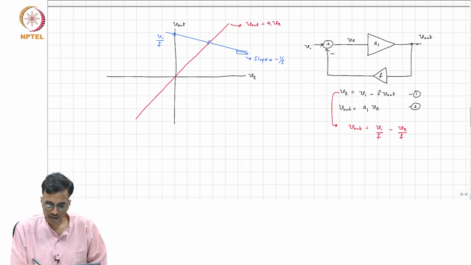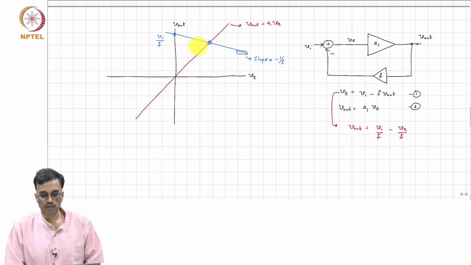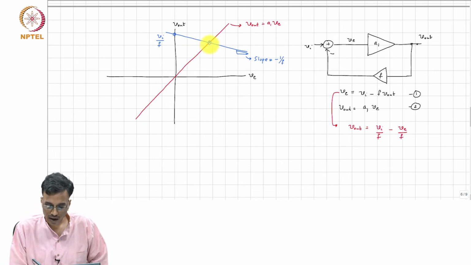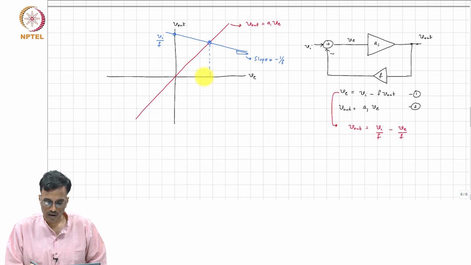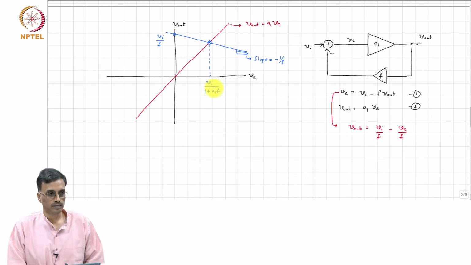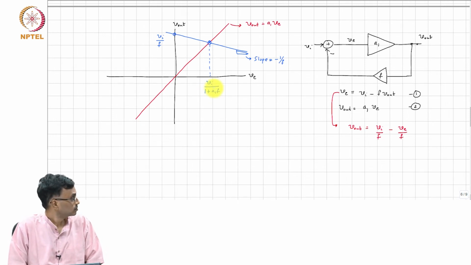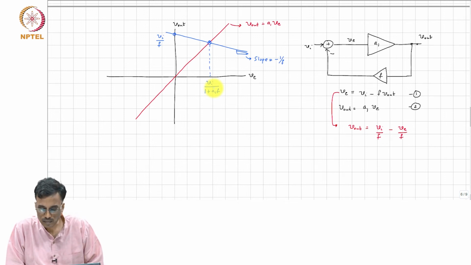If you do this, you can just use simple geometry to figure out that the error voltage is going to be Vi by 1 plus A1F. Does that make sense?